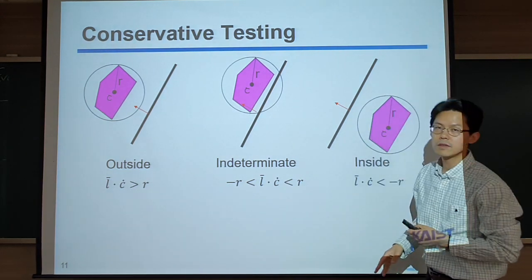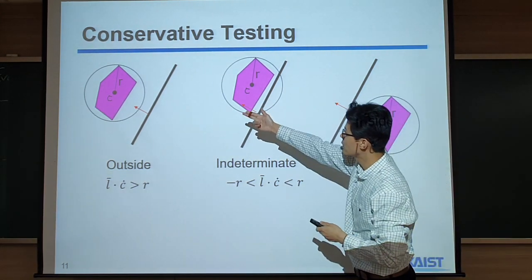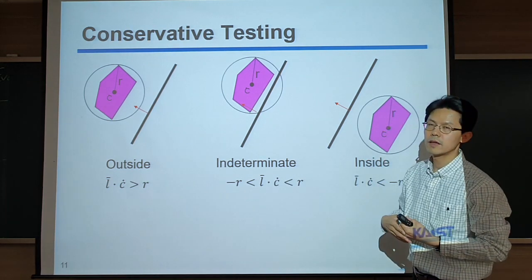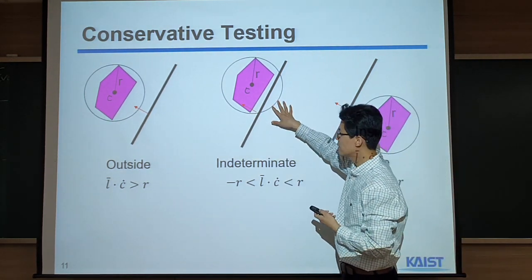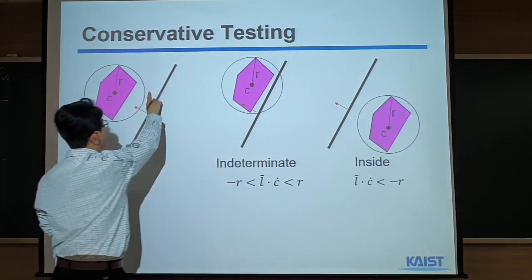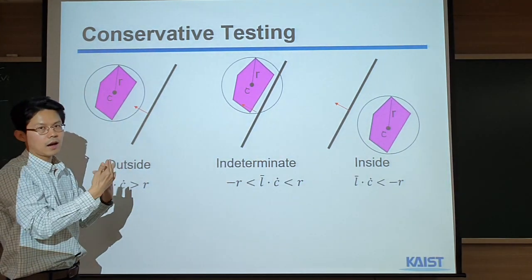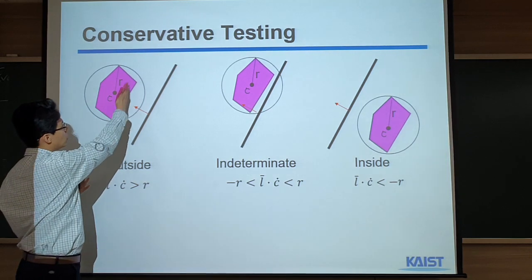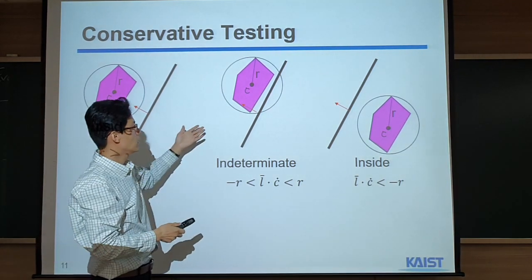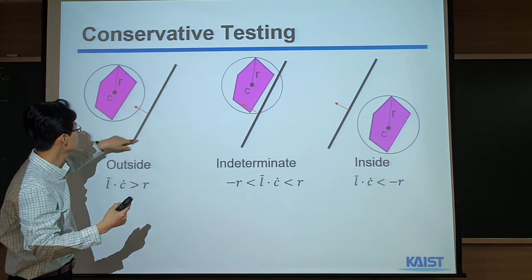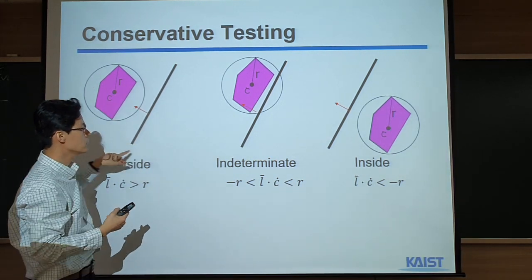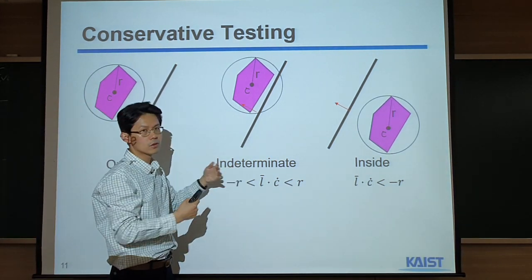As you can see, when computing with the bounding volume, you can save time compared to checking every vertex. But since the bounding volume is not a tight one, there is a gap between the polygon and the bounding volume. If you are using a very loose bounding volume, this case happens a lot.